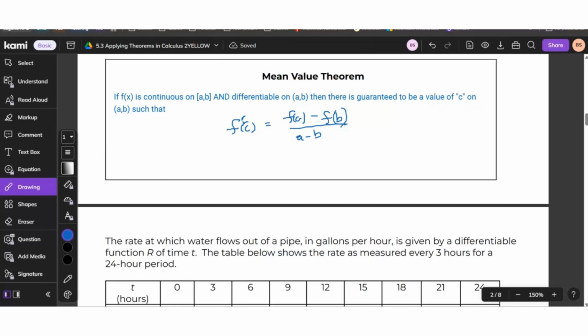Wouldn't it be f of B minus f of A? It doesn't matter.